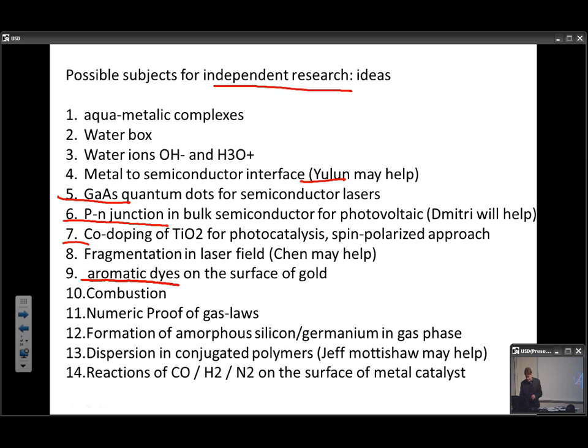Putting some aromatic dyes on a surface of metal could be a project. Then modeling the reaction of combustion of fuel and oxidizer in real time can be done, and it was done as a part of one of the independent projects a year and a half ago.